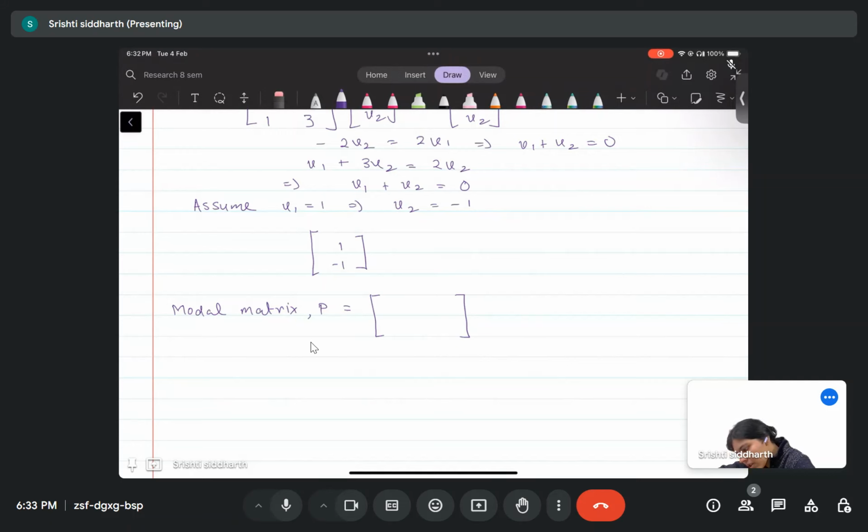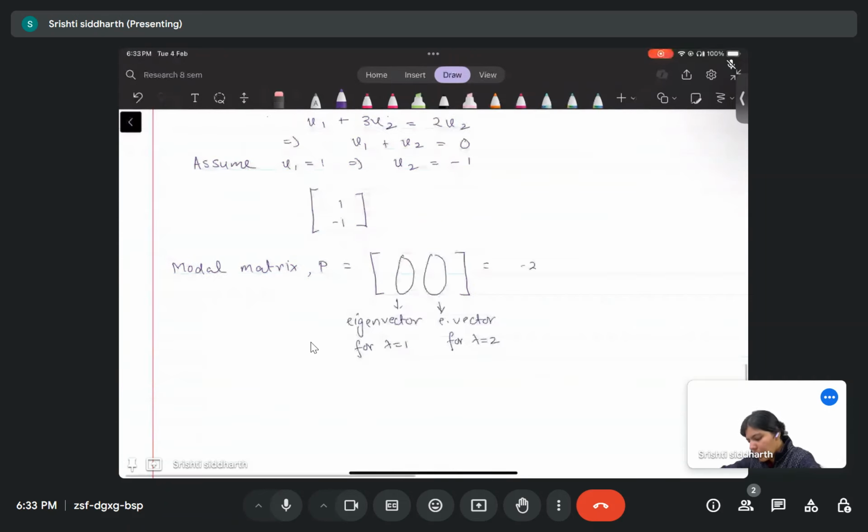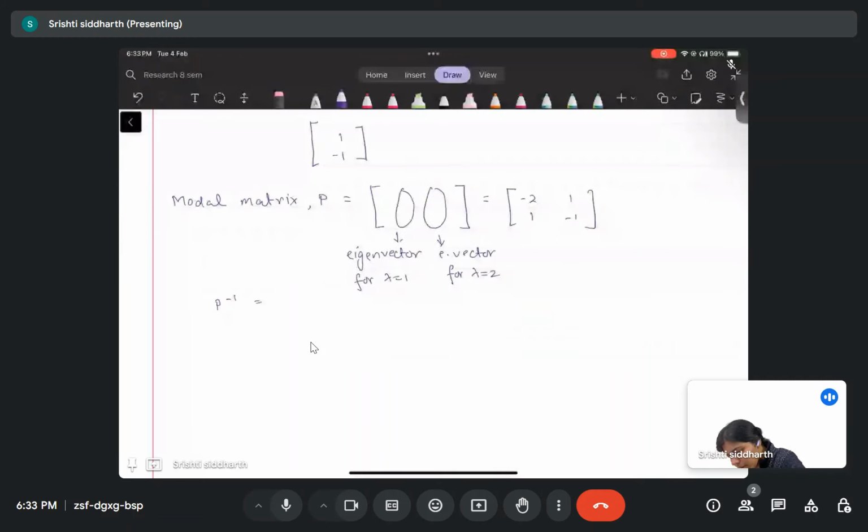So this is minus 2, 1, 1 and minus 1. And we also need P inverse to find the Jordan normal form. This is a simple second dimension matrix. So this is 1 upon determinant of P, which is just one. Then we'll swap these two and we have it.